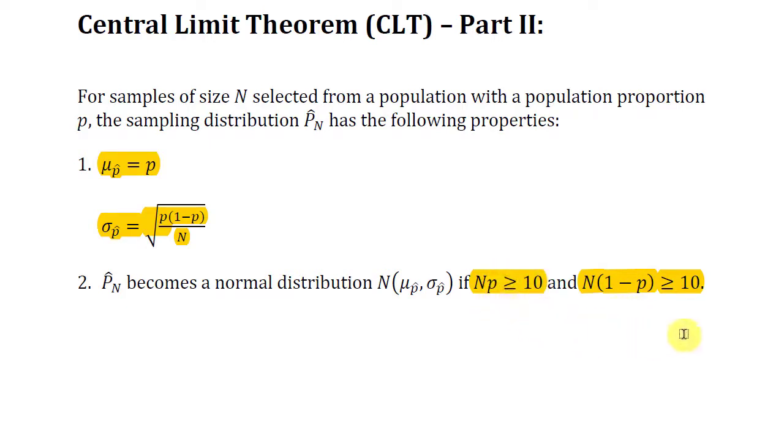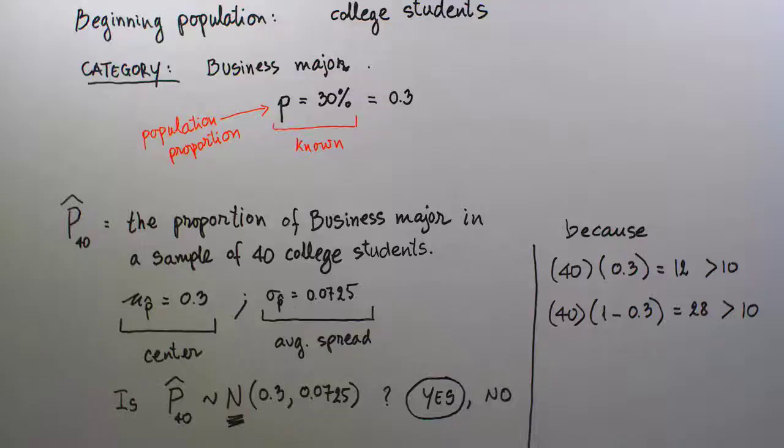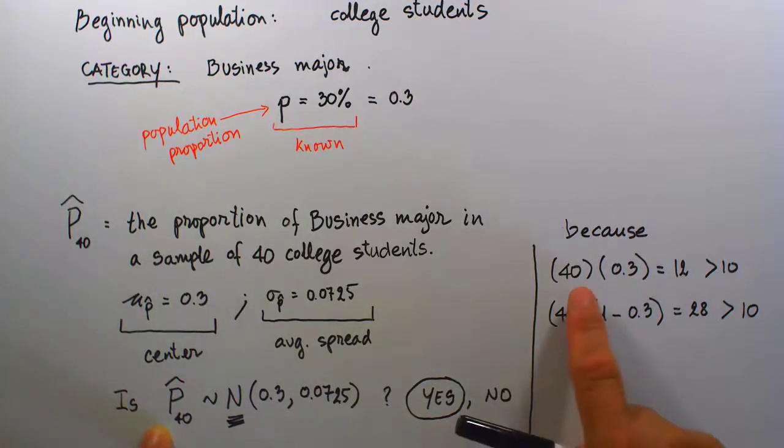Once those requirements are satisfied, this sampling distribution of the proportion will be a normal distribution. That was the reason why, when answering our last question in part A of example 1, I was able to answer yes, and here was the reason again, with our sample size being 40 in each sample.